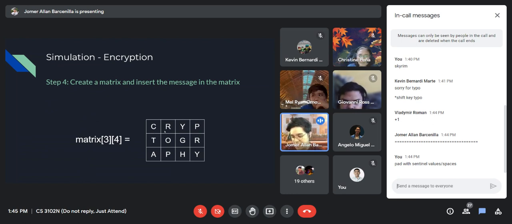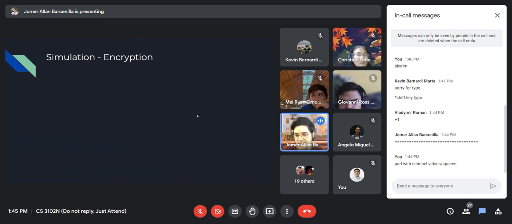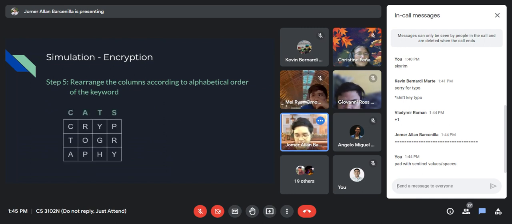This arrangement of the message is according to the keyword cats. Next, step 5: rearrange the columns according to alphabetical order of the keyword. Remember that this order is in the order of the keyword cats.